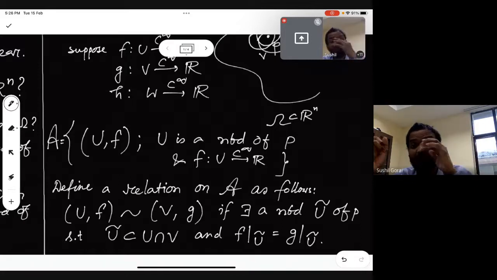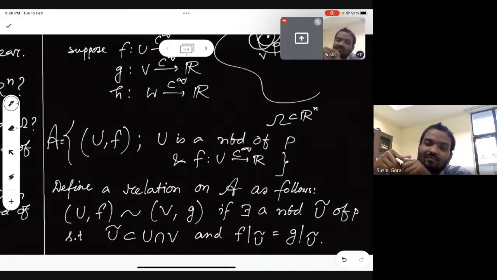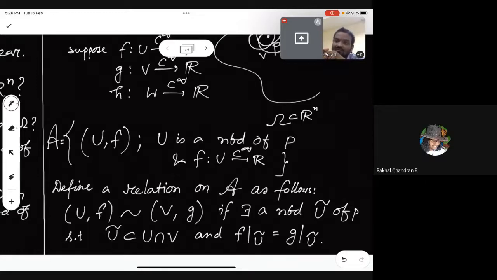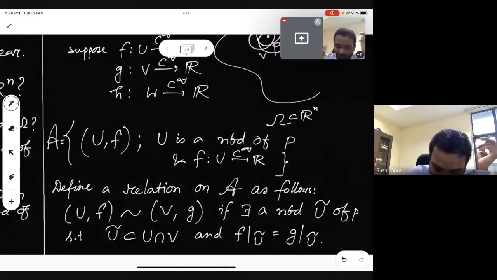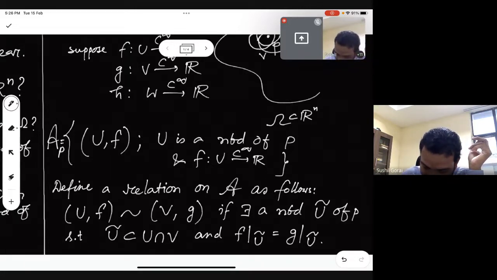Is it an equivalence relation? We have fixed the point P from the start, so we can denote this A_P, the relation on A_P.